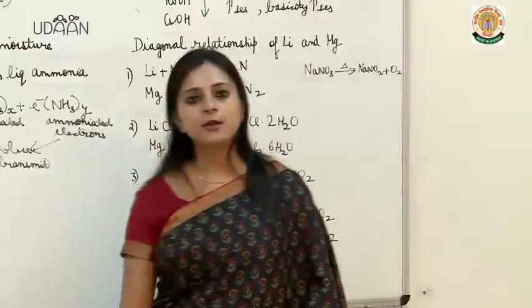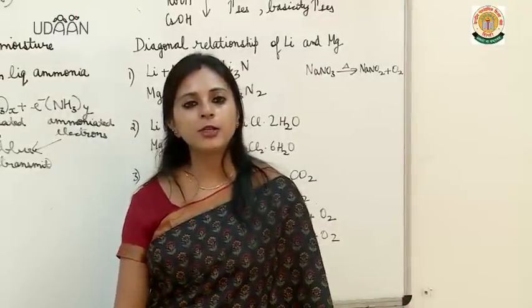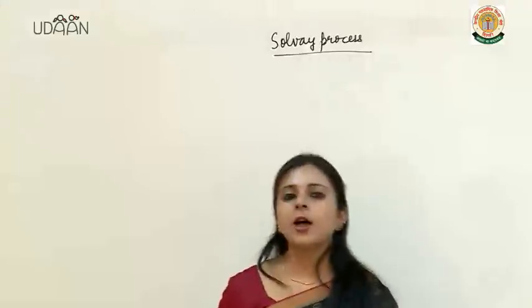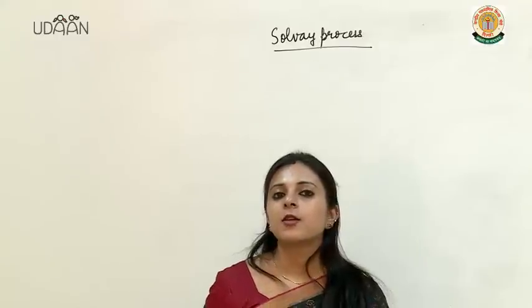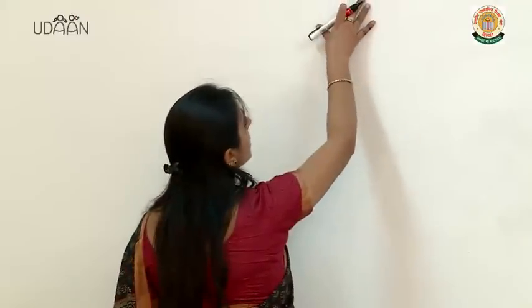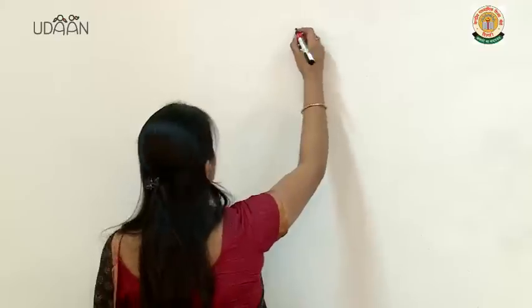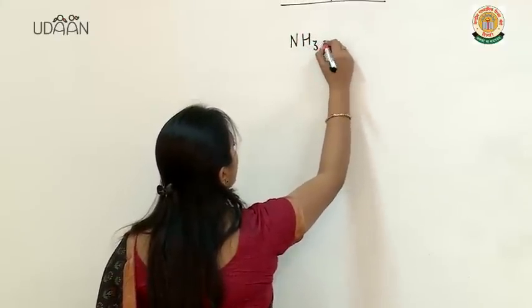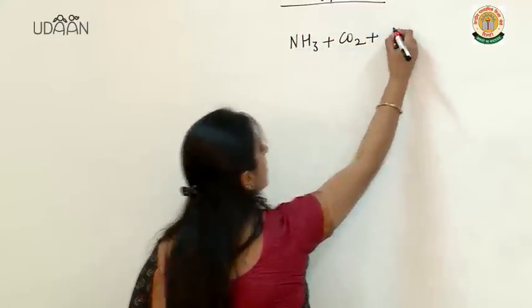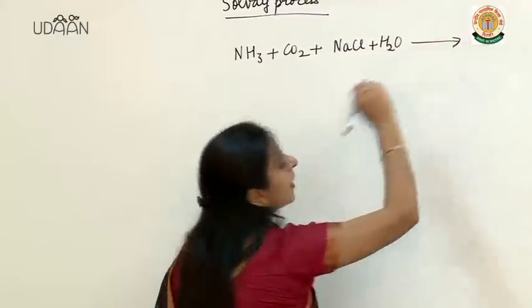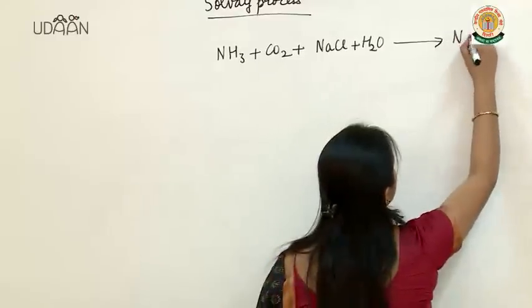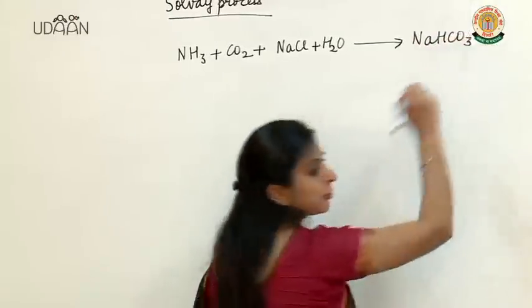Now we will study the Solvay process for the formation of sodium carbonate. Now let us understand the Solvay process for the formation of sodium carbonate dot 10H2O, that is washing soda. What happens is that in the Solvay process, ammonia is passed through brine solution and what we get is NaHCO3.